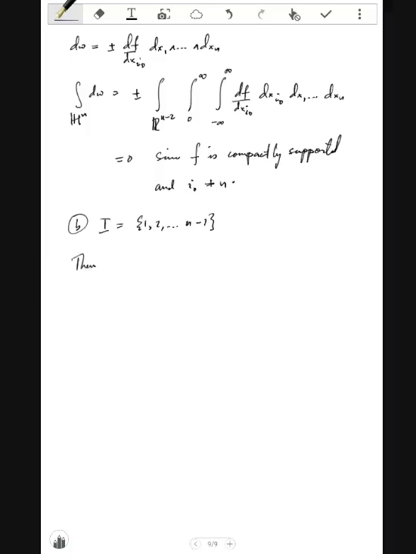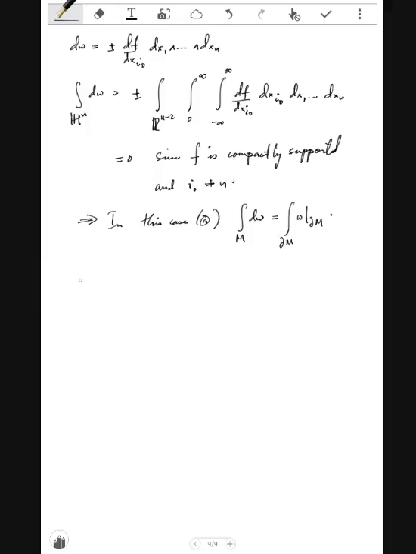So the conclusion is, in this case, that is case A, integral over M d omega is equal to integral over boundary of M, omega restricted to boundary of M.